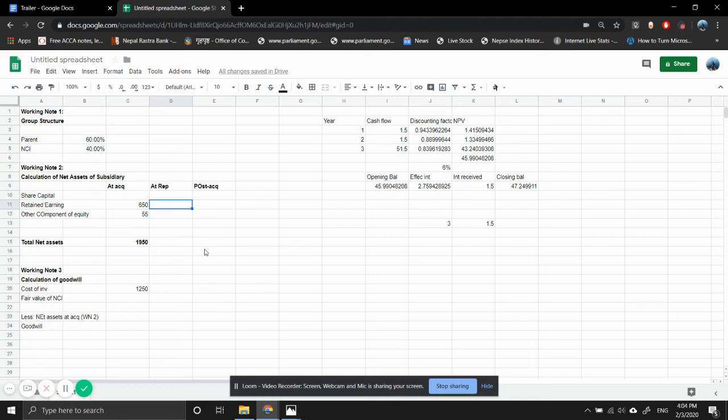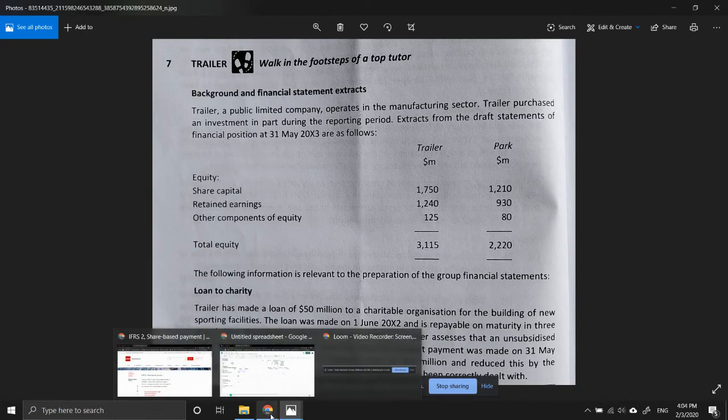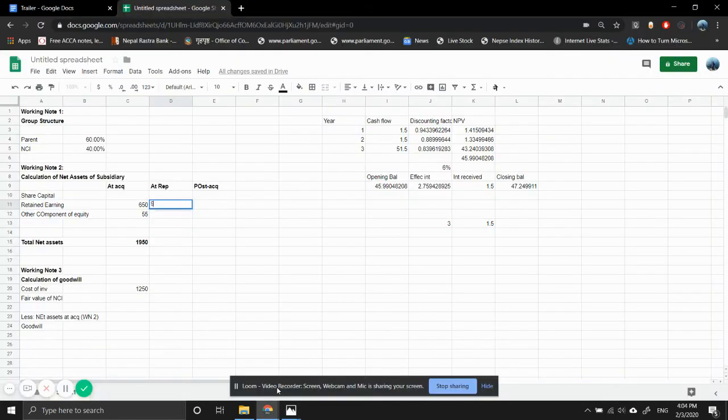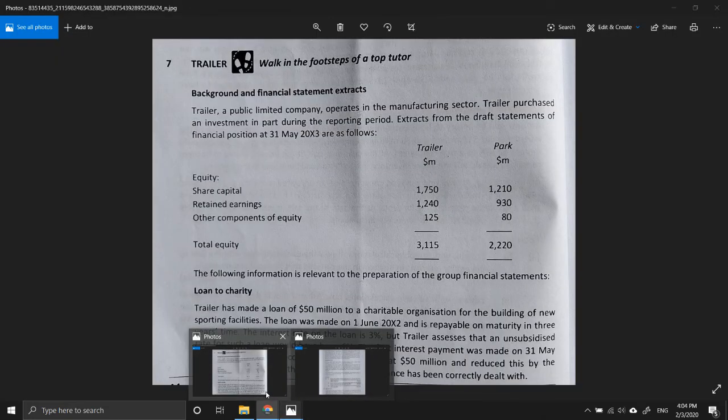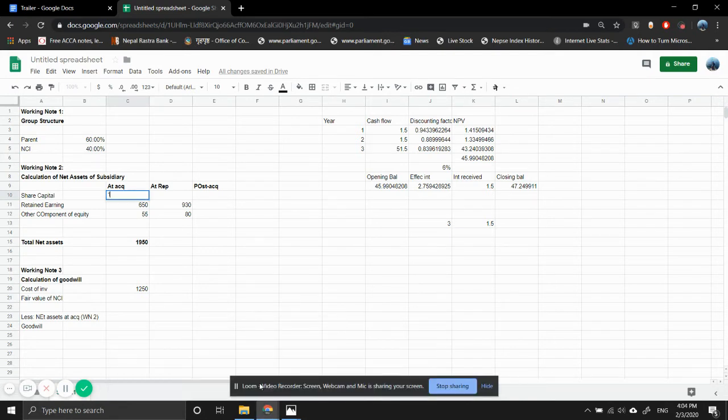So what we need to do is that let's find out the retained earning first of all. So 930 and then 80, right? And then this figure is 1210.